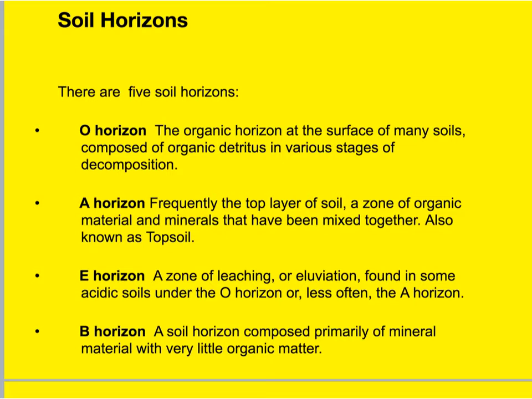We just have this dry, sandy layer, and we call that the E horizon. All right, so the B horizon is a soil horizon composed primarily of mineral material, and there's very little organic matter at that point. And then we have the C horizon, which is the least weathered of all the soils. And that is basically parent rock and parent material.